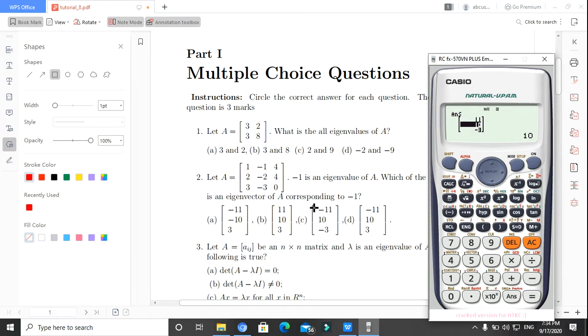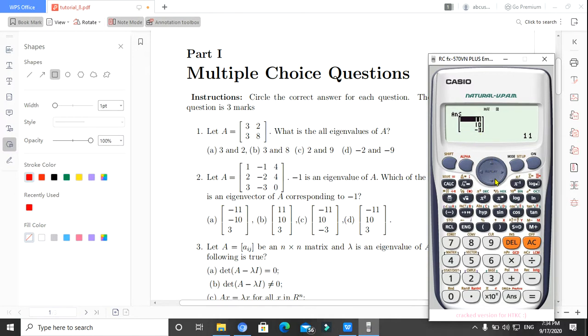If this answer A is the correct answer for the eigenvector, then this result after dividing by -1 will be same as option A, the same as the previous matrix. Here, let's divide this result by -1.